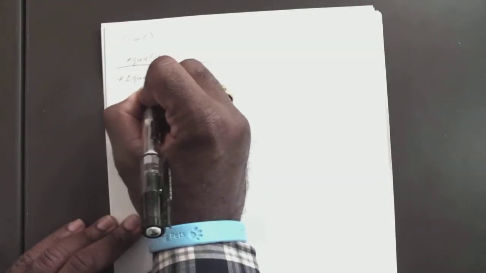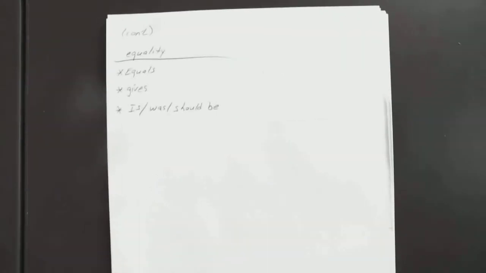Okay, so for equality, they may just come out and say equals. It may say gives or will give you. You may see is, was, or in some cases should be, like 8 plus 4 is 12.